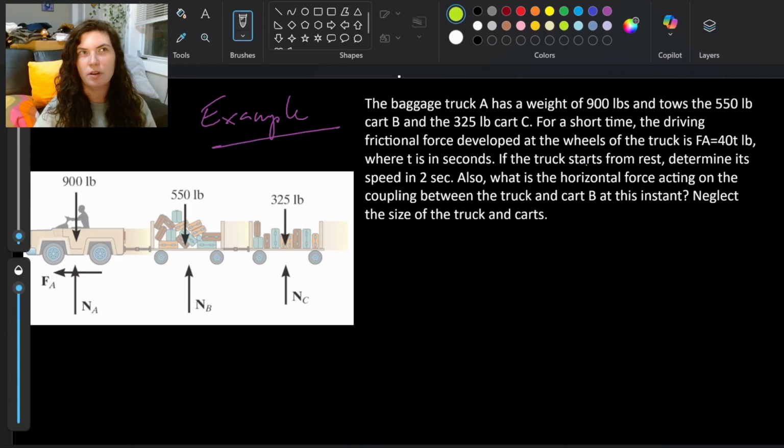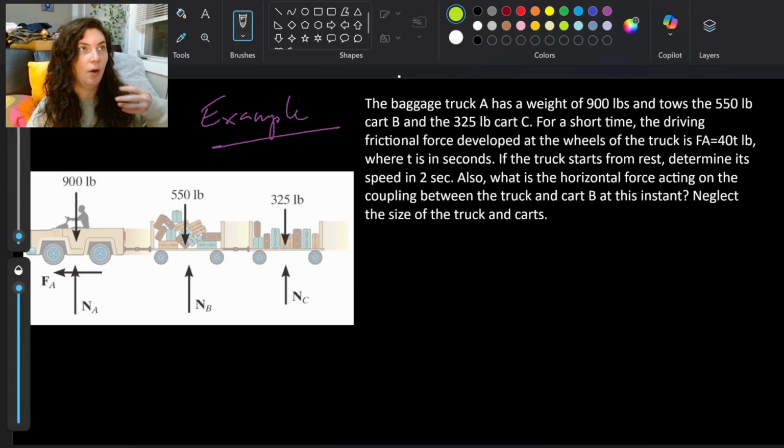Let's ignore the second part of this for now. For this beginning, we're just going to see if the truck starts from rest, determine its speed in 2 seconds. So let's deal with that first part first. As we can see, we already have a free body diagram for this in the diagram they gave us, right?